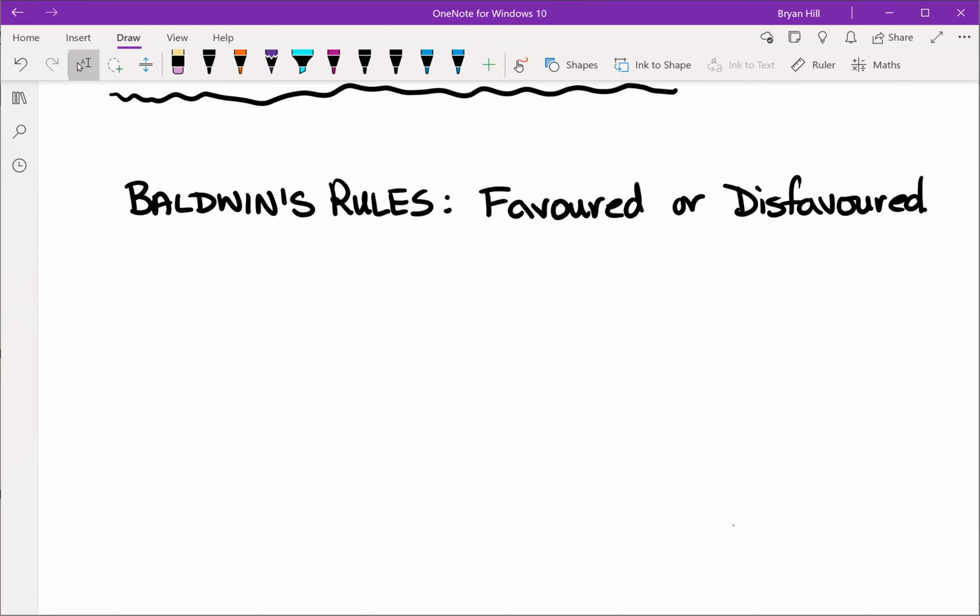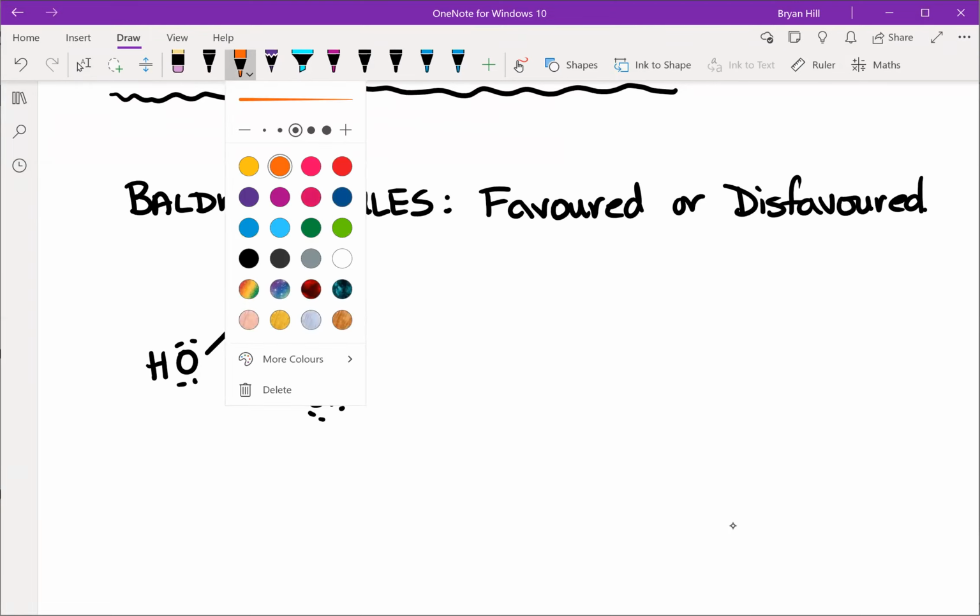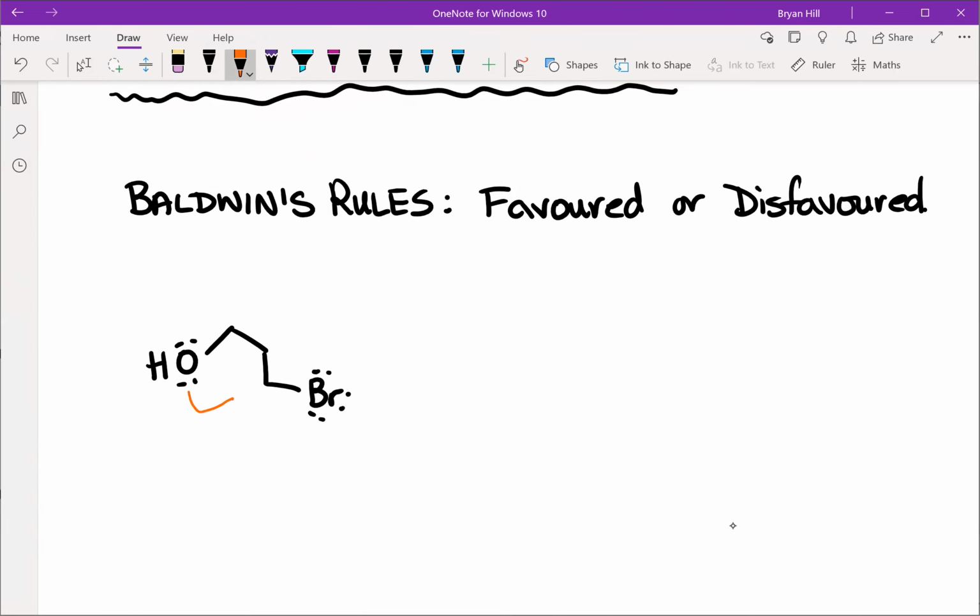So, for example, let's say you had an oxygen and it is bonded to, and we do a reaction like this. Actually, let's erase this.